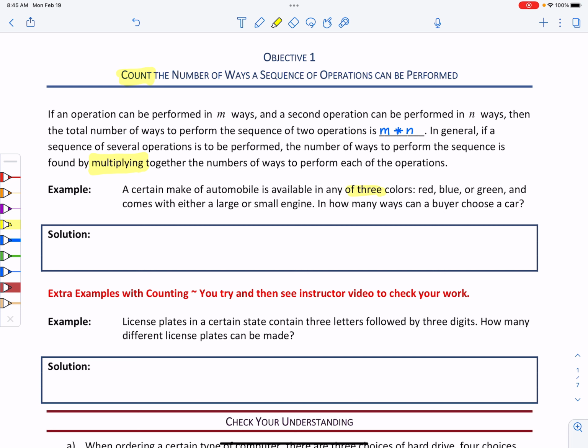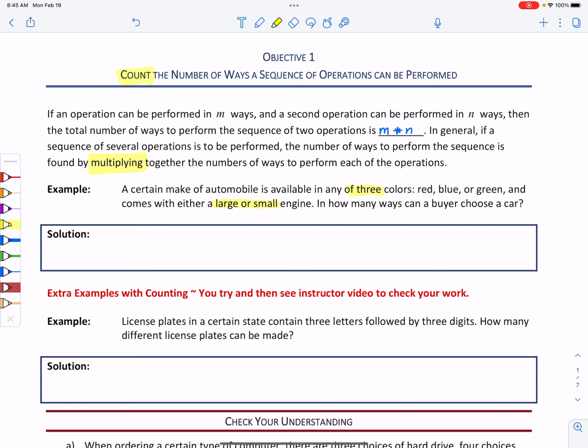We have to select an engine size, of which we have 2 choices. And so the number of ways that we can make both selections is going to be 6. These outcomes would look like: I have a red car that's large, a red car that's small, a blue car that's large, a blue car that's small.